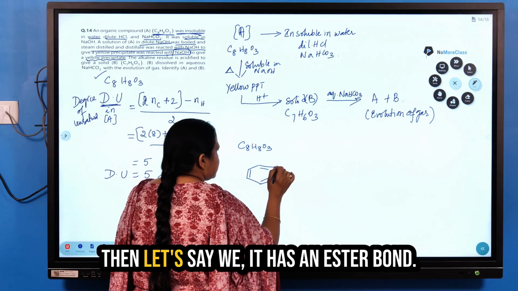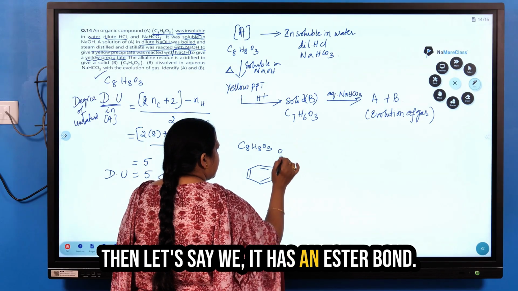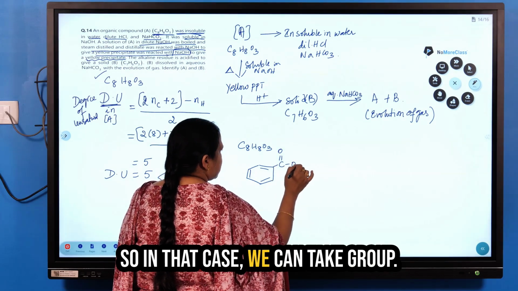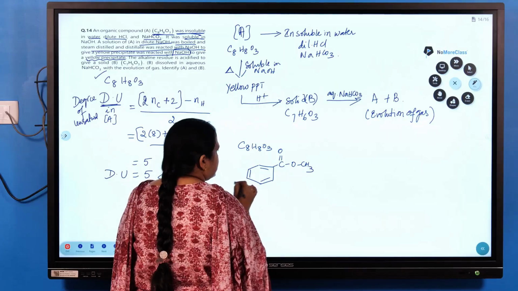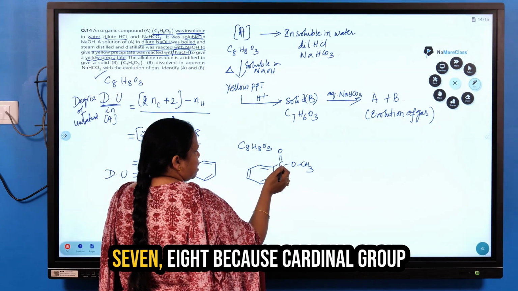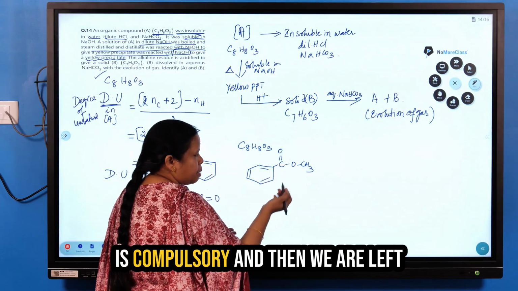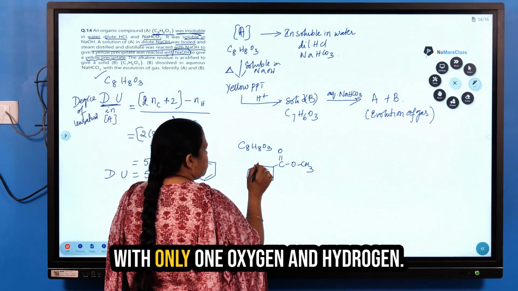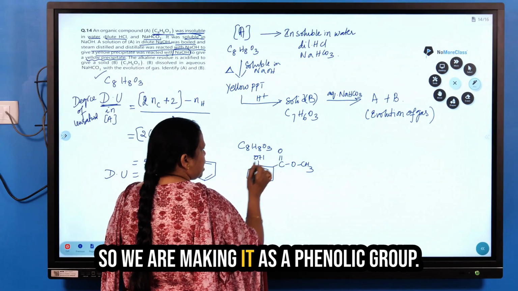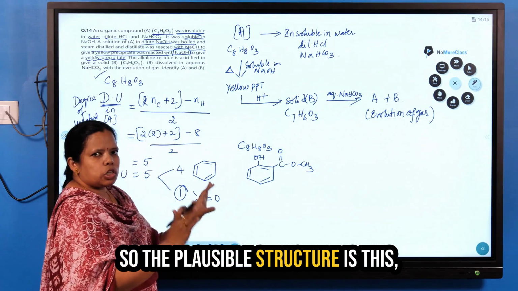Then let's say it has an ester bond. In that case, we can take a methyl group, because 6 carbons are already done, then 7, 8, because the carbonyl group is compulsory. Then we are left with only 1 oxygen and hydrogen, so we make it a phenolic group. So the possible structure is this.